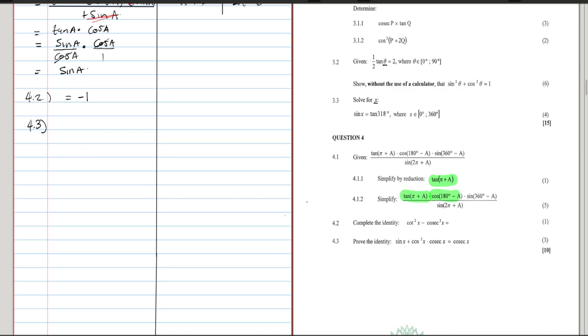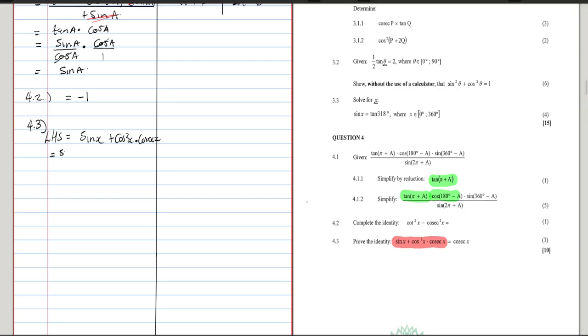Okay, now we are proving an identity. For this case, we're going to take the complicated side, the left hand side. So we take the LHS, that is sine x plus cos squared x multiplied by cosec x.